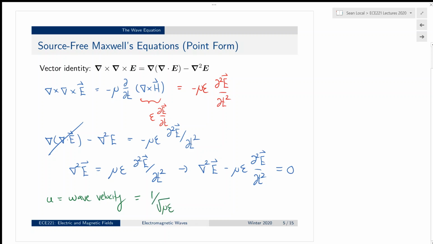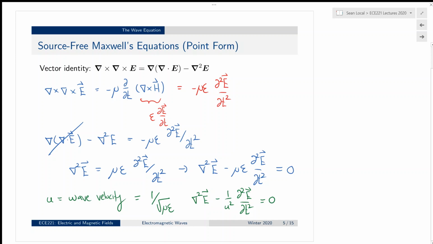So realize that u only depends on the constitutive parameters of the medium that we are studying the fields in, i.e. the permeability of that medium and the permittivity of that medium. So if we rewrite this Laplacian equation for E in terms of u, it's going to become the Laplacian of E minus 1 over u squared times the second partial time derivative of E being equal to 0.